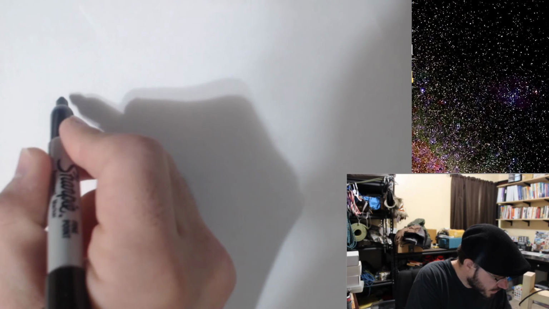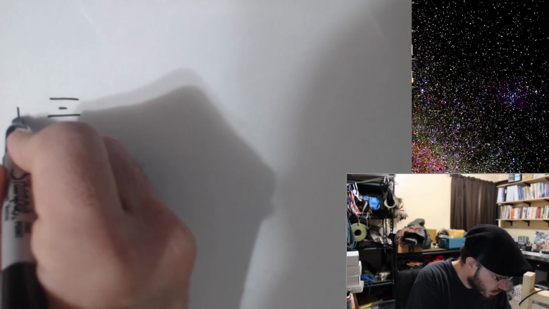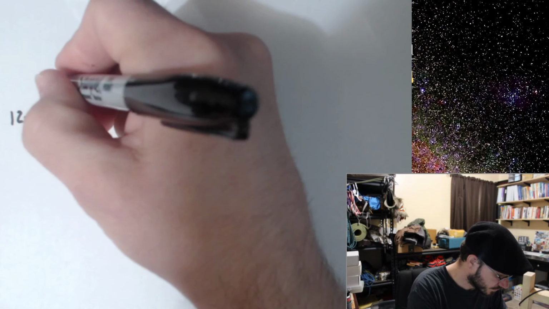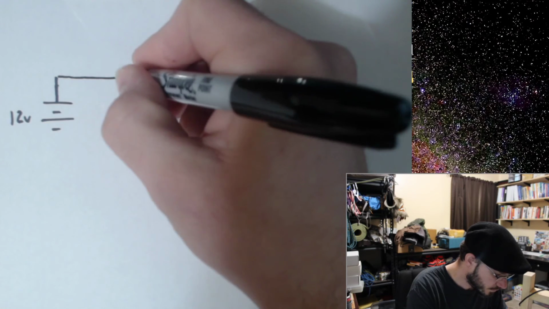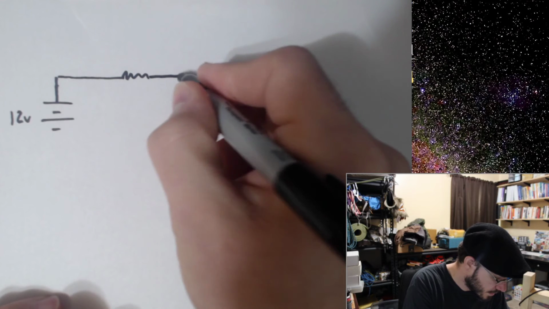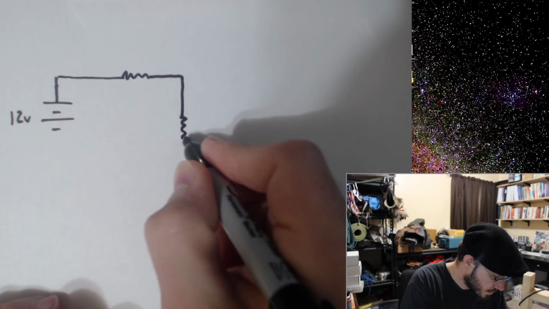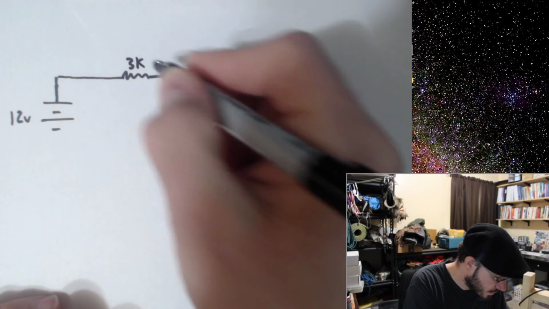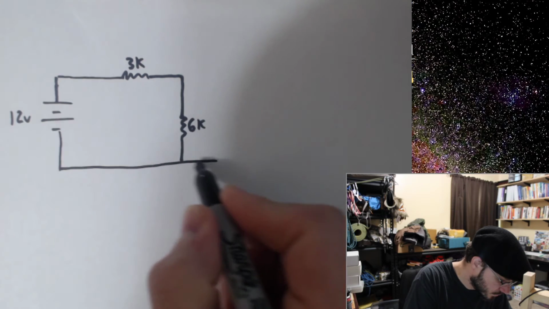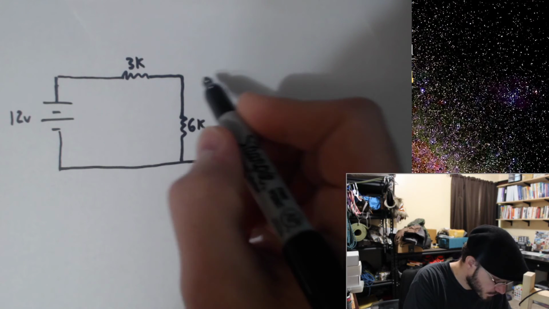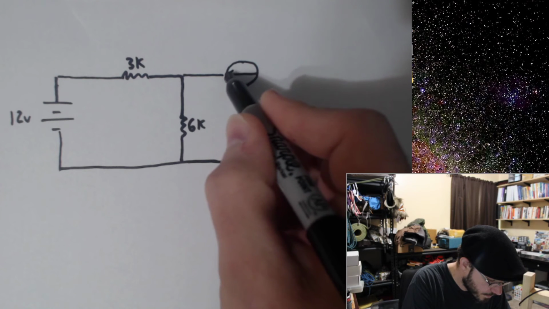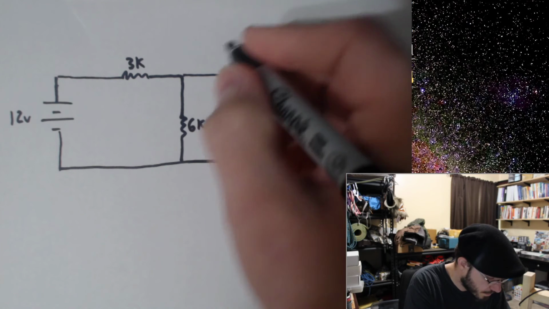So let's give ourselves a 12-volt source, a 3K ohm resistance, a 6K, we'll put a current source over here going in the direction to the left by conventional current.